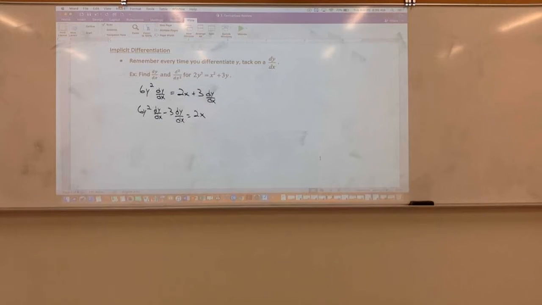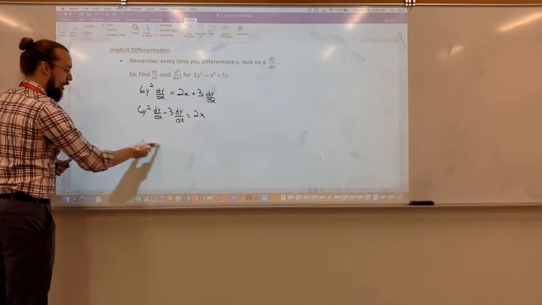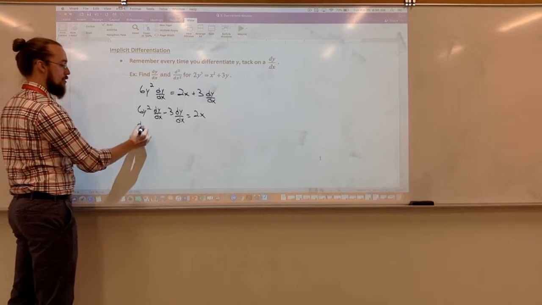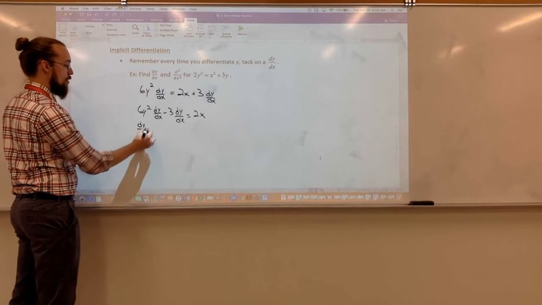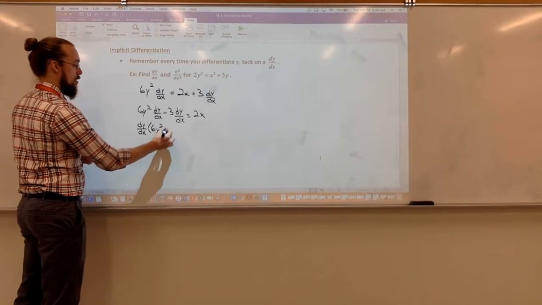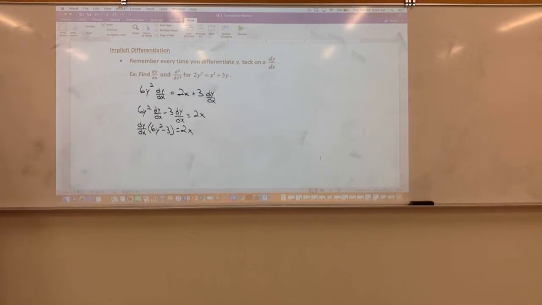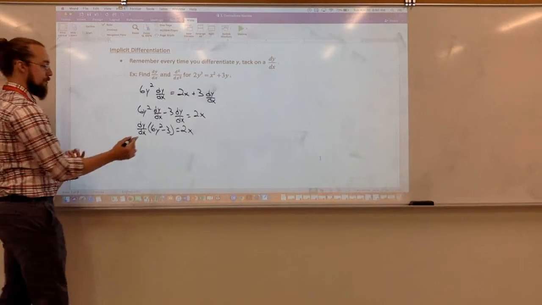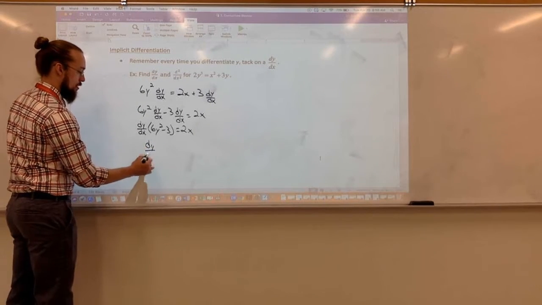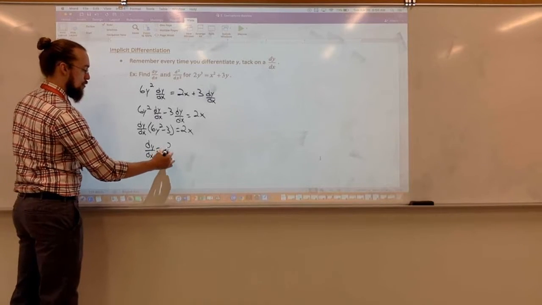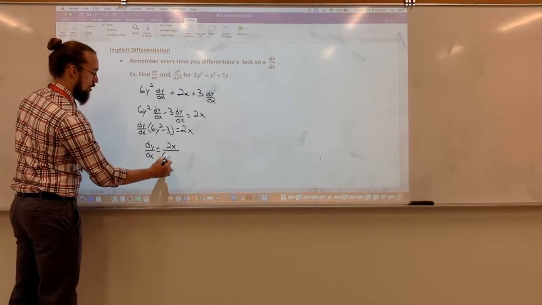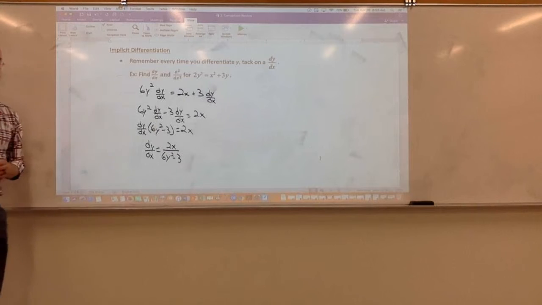The whole point of doing that is that now I can factor a dy/dx out of everything on this side. Now just divide both sides by 6y squared minus 3. So we end up with dy/dx equals 2x over 6y squared minus 3.